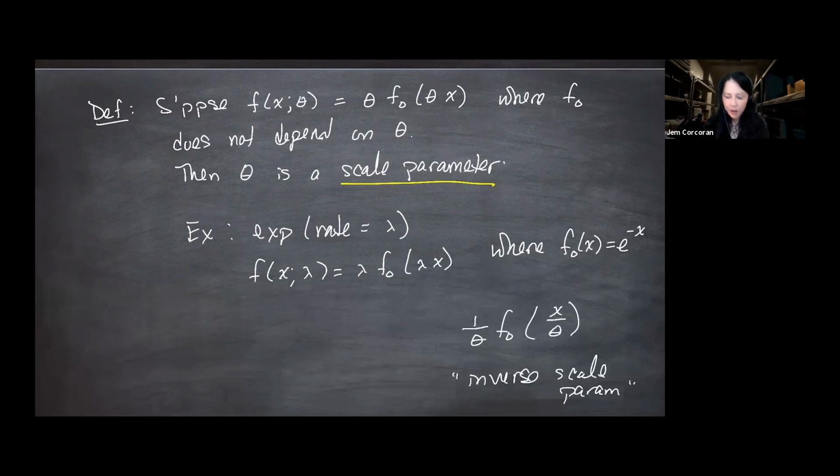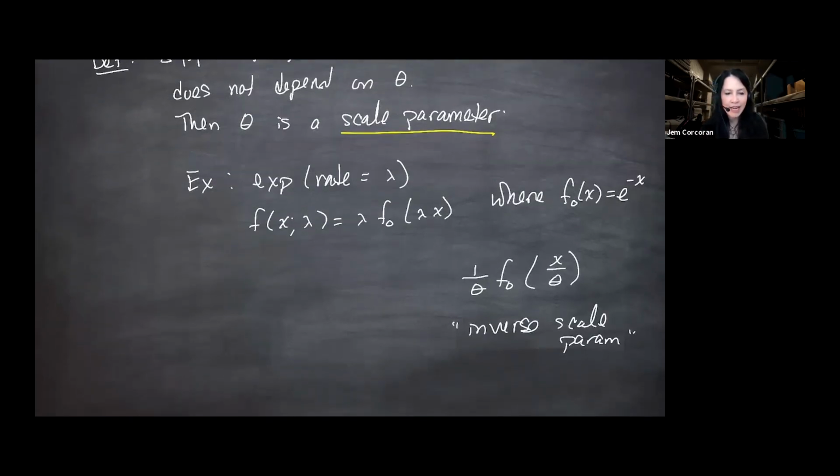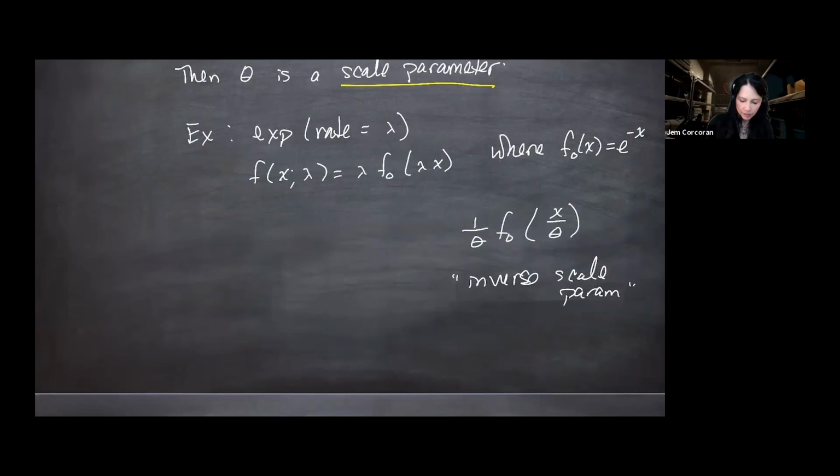Okay, why do we care? Because I'm going to define for you a scale invariant statistic. And then I'm going to reach the conclusion that if you're dealing with a scale parameter, any scale invariant statistic is necessarily ancillary. So I didn't mean to do this. I meant to start with location parameters, but I'm going to go with it.